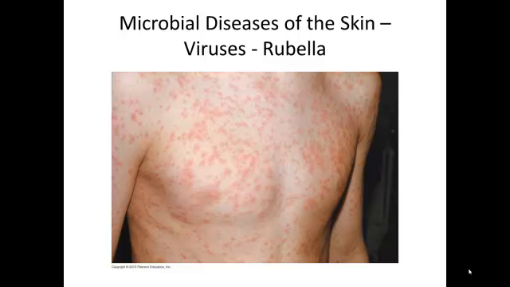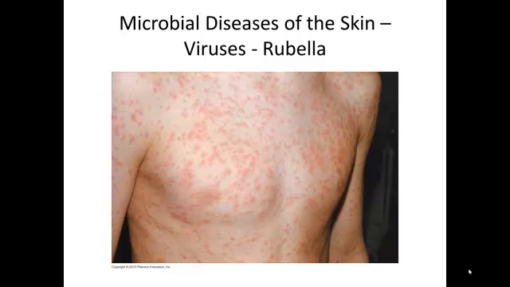Rubella is mainly known for causing birth defects. If a woman gets rubella, German measles, when she is pregnant during the first trimester, it can cross the placenta and infect the baby. Now, the fetus does not have a developed immune system that can fight this virus, and you can have deafness show up, mental retardation, and death of the fetus come from this.